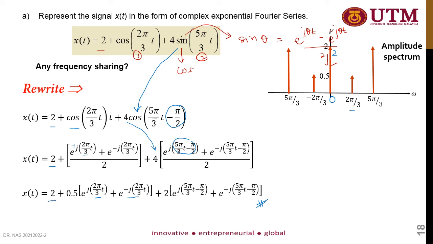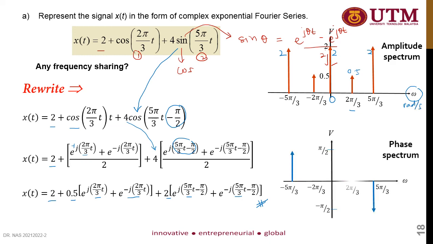The magnitude for both is 0.5. And then at 5 pi over 3, the third frequency, and negative 5 pi over 3, the amplitude is 2. Don't forget to put the axis, and the unit is radian per second.